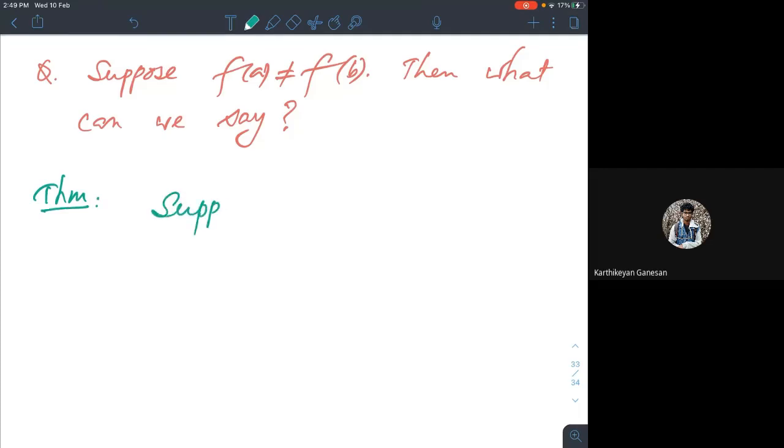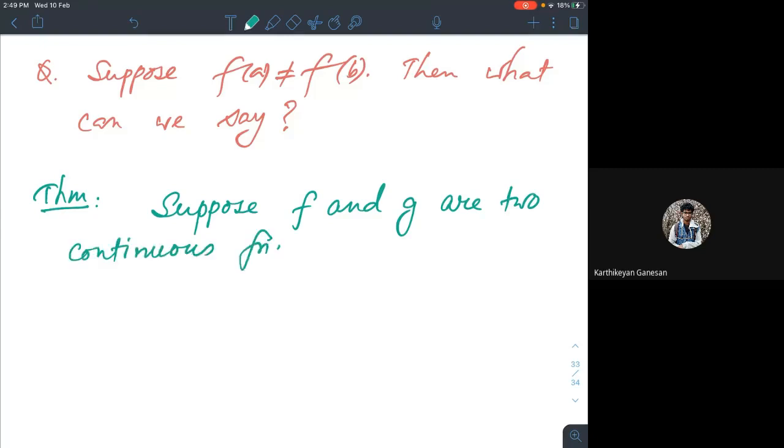Suppose F and G are two continuous functions on [A, B] and differentiable on the open interval (A, B).